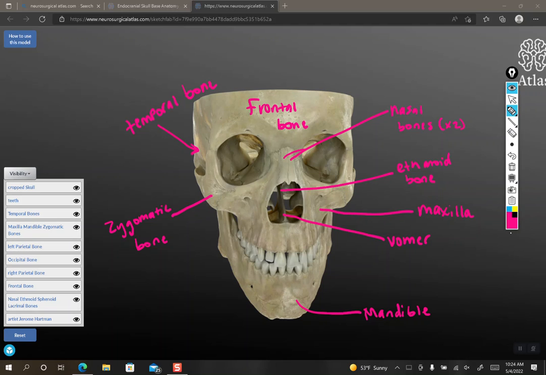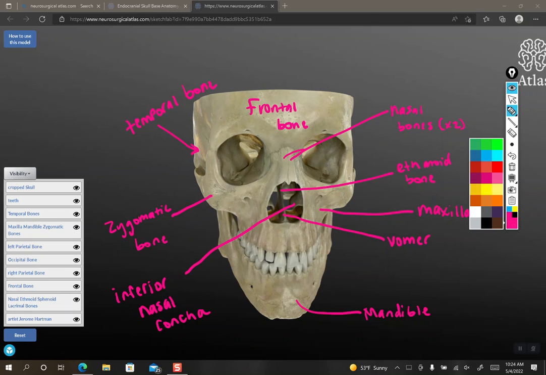And so for that, after I label this bottom curvy guy, which is the, can't write the letter R today, inferior nasal concha.